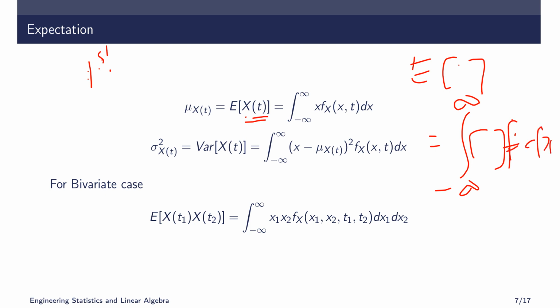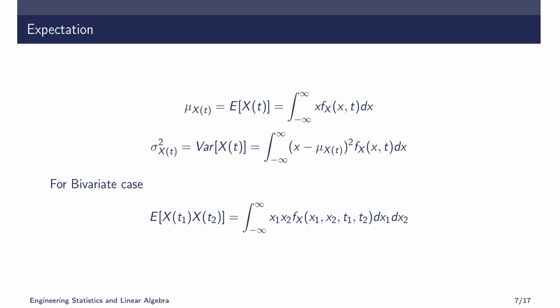So here f is nothing but fx of x, since it's a random process it is a function of both x and t, but we want x, so the random variable is small x. Here both x and t are not required, only x is required, remember. So the differential element will be dx only. So similarly we can describe variance also. Sigma x square of t is equal to the variance of x of t, the integral from minus infinity to infinity of x minus the mean, into fx of x comma t dx.